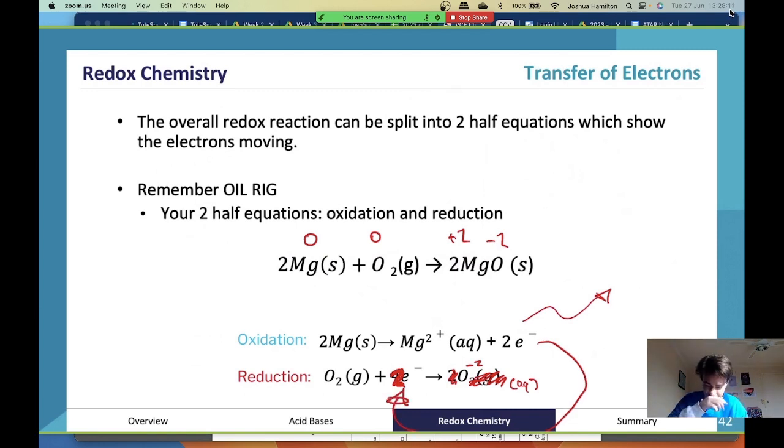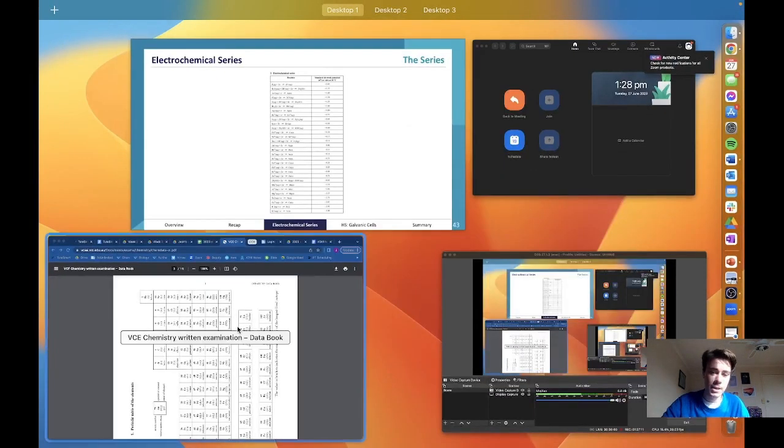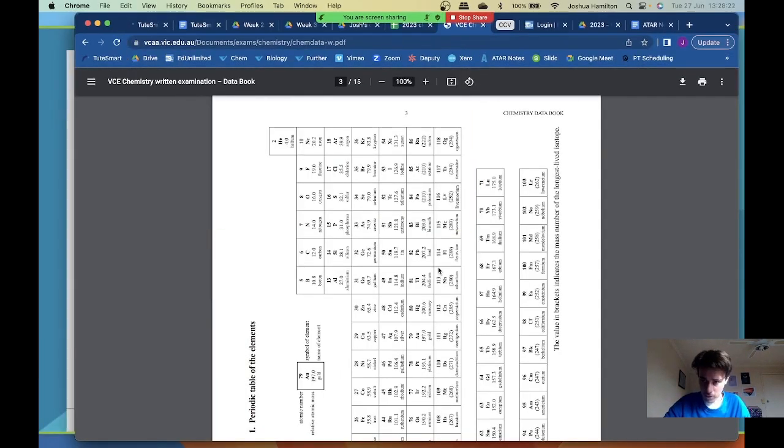So what is the best way of looking at these and learning about these half equations? Well, the best way of looking at these, because that one was really wrong, is going to your electrochemical series. Now, this will probably be the first major use of your chemistry data book, because it's the big point you're going to work with.